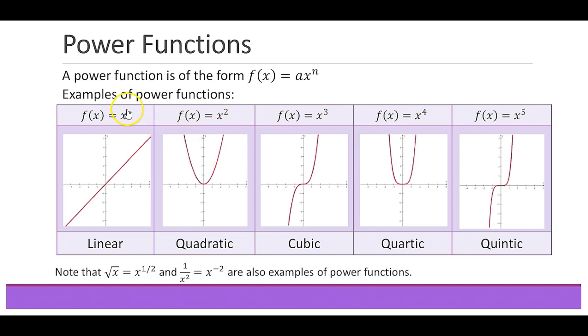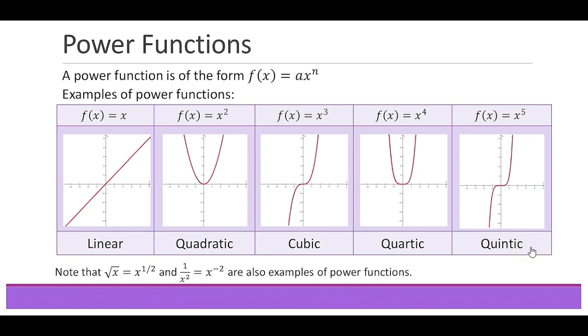Versus if I have an odd power degree function, so x to the 1, x to the third, x to the fifth, now the end behavior, so towards the right and the left side of each of these functions, they're going opposite. So instead of both going up, like x squared and x to the fourth, for all the odd power functions, one side's heading up and the other side is heading down. In fact, the right side's heading up and the left side is heading down. So that's just some patterns I want you to recognize as you observe these power functions.